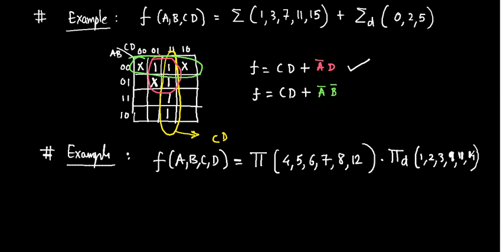Yeah, tell me the expression. First, form the K-map properly. There are 4 variables there. You must mark what? Zeros, right?